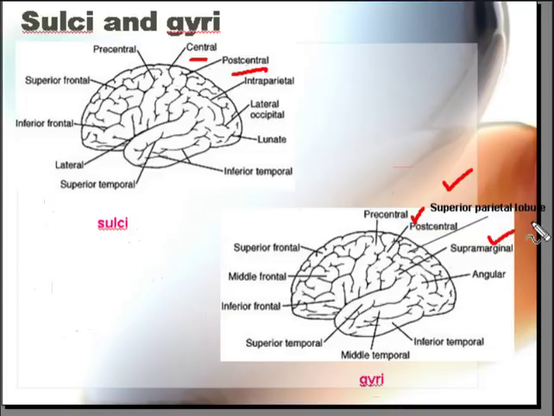The supramarginal gyrus is for language, and we'll see that, and the angular gyrus is used in spatial relations. We'll be talking about this when we do the functions. So we have post-central, superior parietal lobule, supramarginal, and angular. Those are the gyri present in the parietal lobe, and you need to know these. You need to know all the gyri that I'm mentioning.